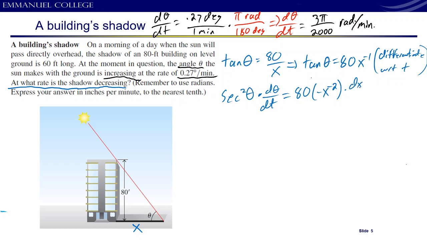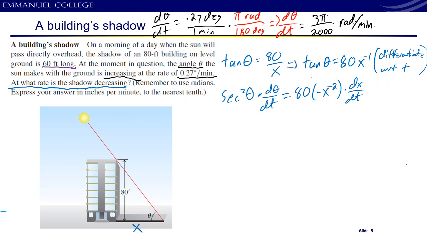Variables don't match, so I get dx dt. And this is what I'm after. I need to know at what rate is the shadow decreasing. So in this case, I got dx dt. I know at that particular time, the shadow along the ground is 60 feet long. So that's cool, I have that I can work with.